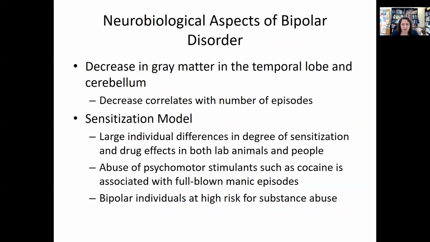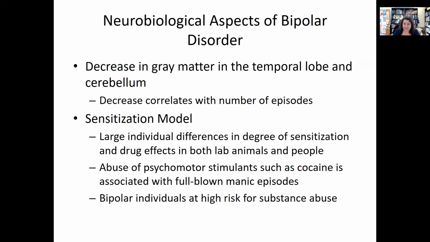All right, so in terms of bipolar disorder, you have less brain matter in the temporal lobe and cerebellum. And the more episodes you've had, both manic and depressive, the more of a decrease you have. There's what's called the sensitization model, where there are large individual differences in degree of sensitization and drug effects for both lab animals and people.